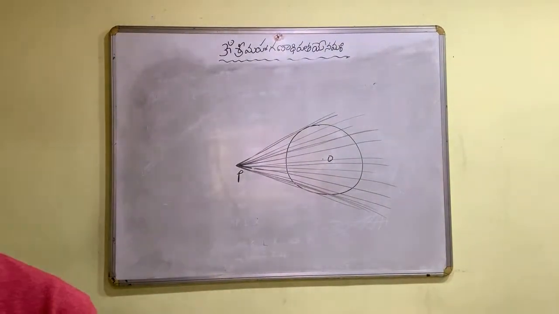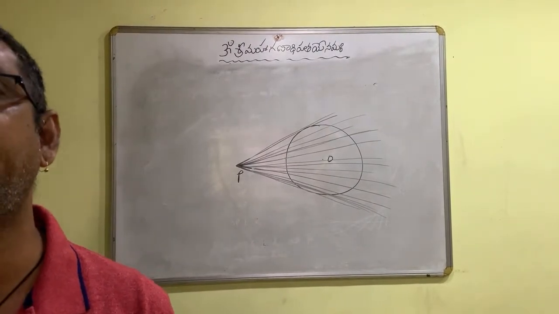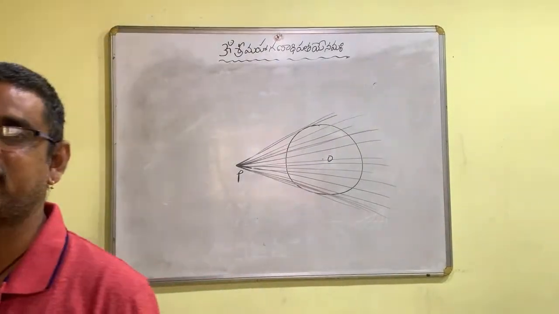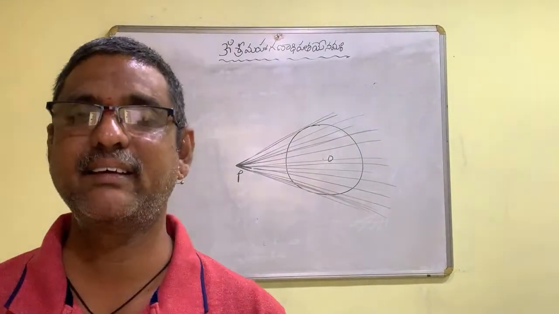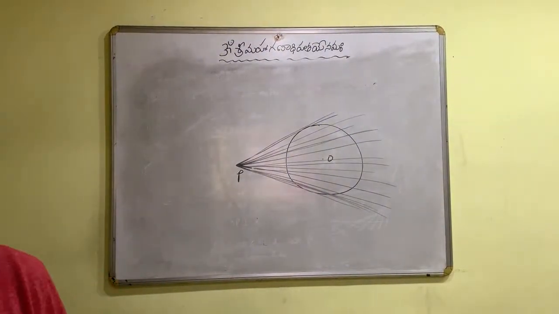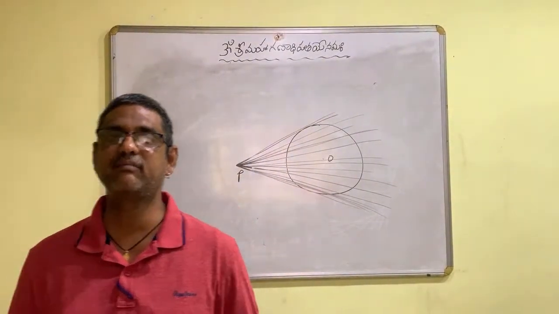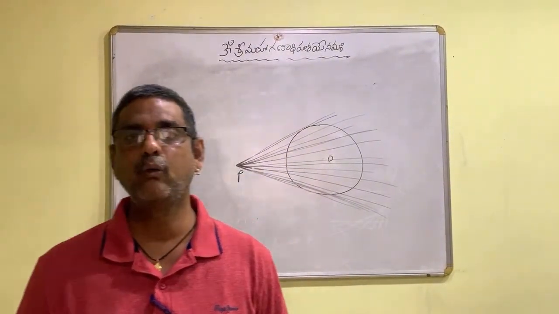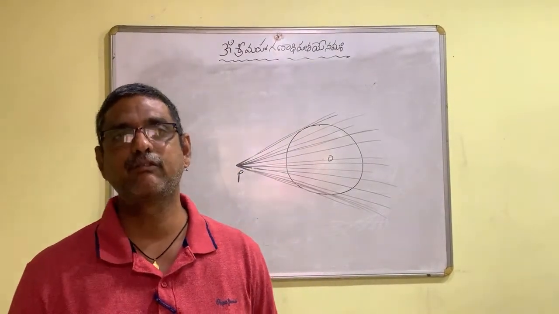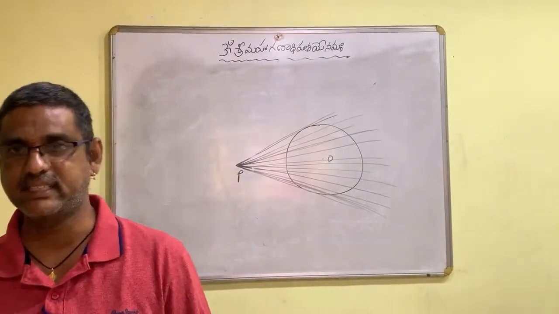Out of these infinite number of lines, we can clearly observe that only two are tangents from P to the circle with center O.